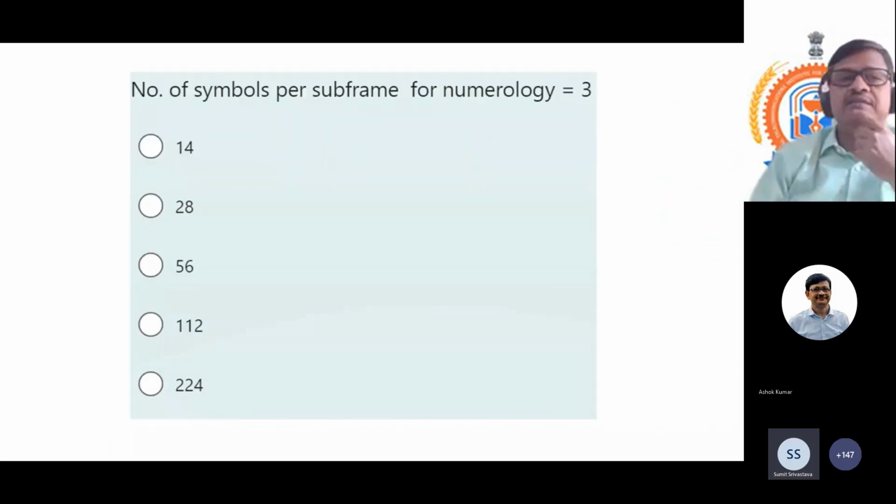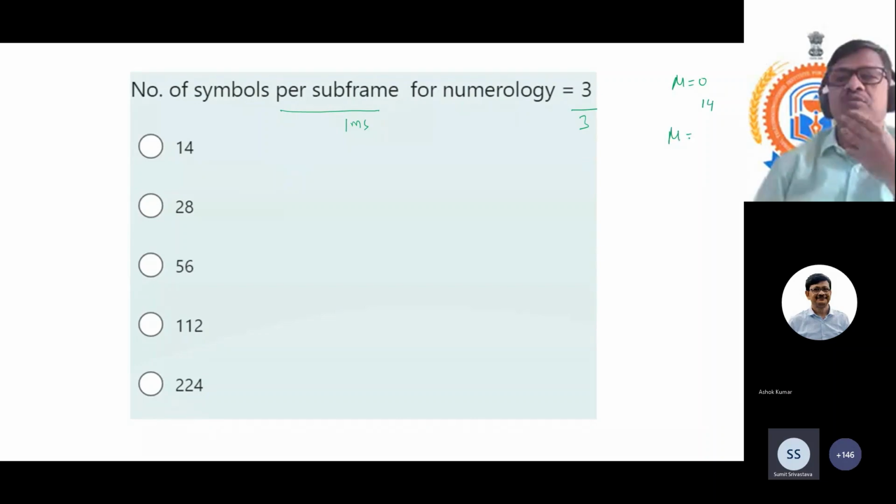Great. Now, how many symbols per subframe? In 1 millisecond, for numerology 3, how many symbols? In numerology 0, we have one slot. That means 14 symbols.